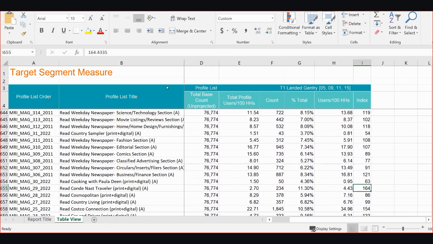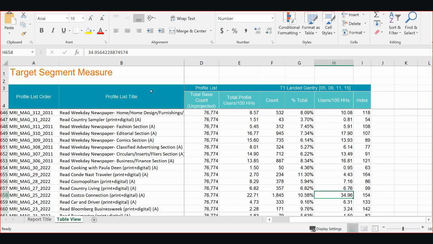Out of 100 households of landed gentry, only, let's see, what were they really looking at? 16 of those 100 landed gentry households are reading the business finance section. Costco Connection, 34 out of 100 households. That's actually quite a good amount. That's 10% of the total count of the landed gentry are looking at the Costco Connection. 9% are looking at Bloomberg Business Week.